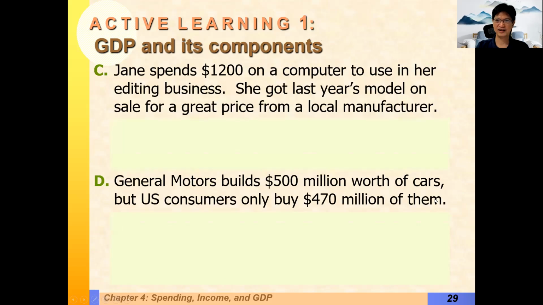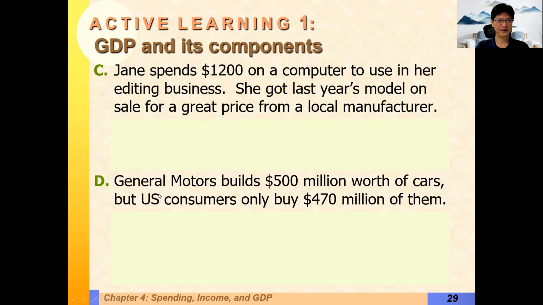And thirdly, suppose Jane again buys a computer to use in a business, but bought last year's model. So it was produced last year. So how do we calculate that for the GDP accounting, the national accounts, as we call it?